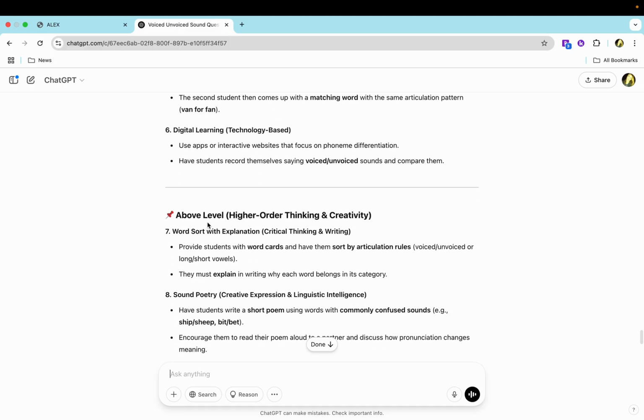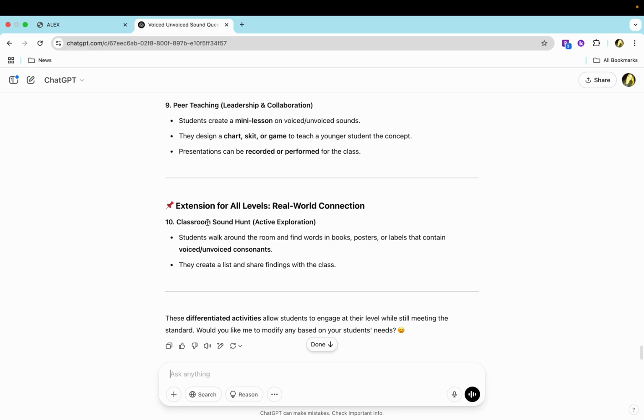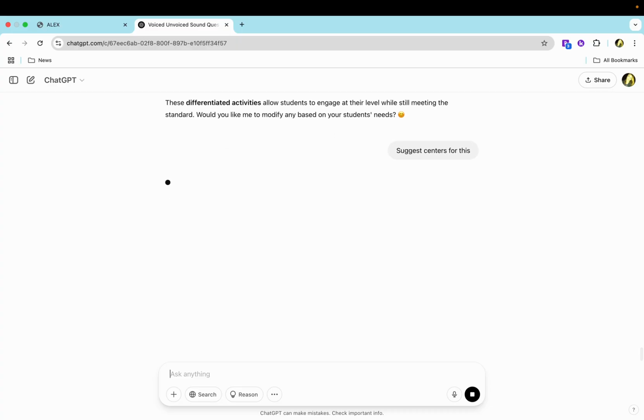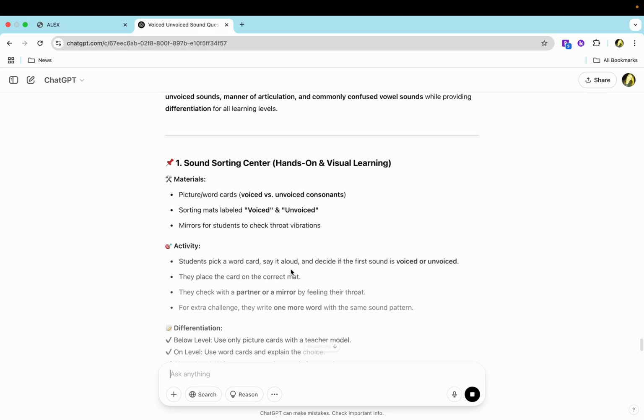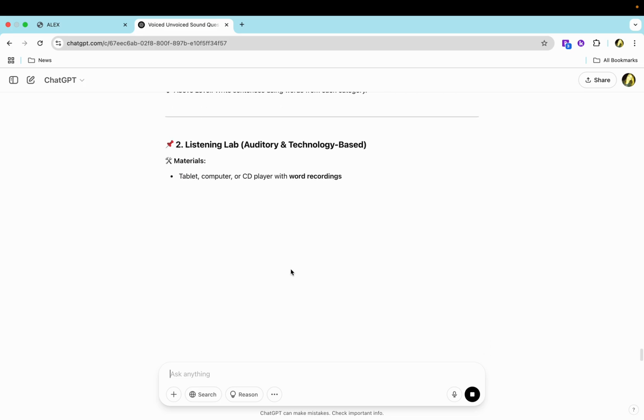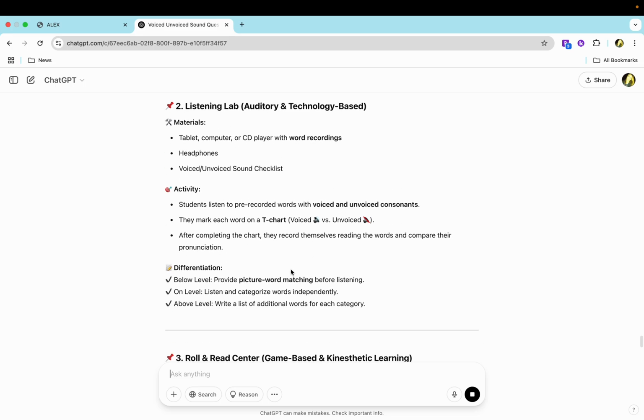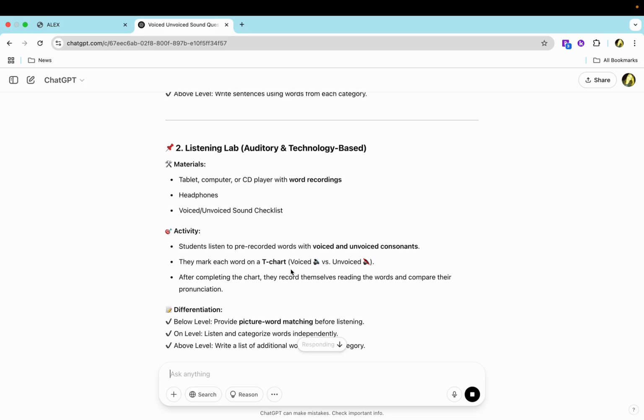On level, above level, you could do suggest centers for this. It'll give you literacy centers too. I know that doesn't have anything to do with test questions, but I always found that to be super duper helpful.